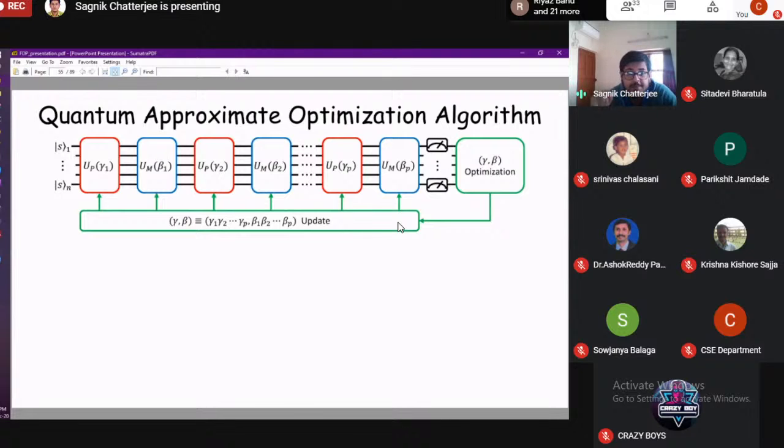The problems might be NP hard, they might be NP complete, doesn't matter. When the number of layers tends towards infinity, we can solve any problem that we want.